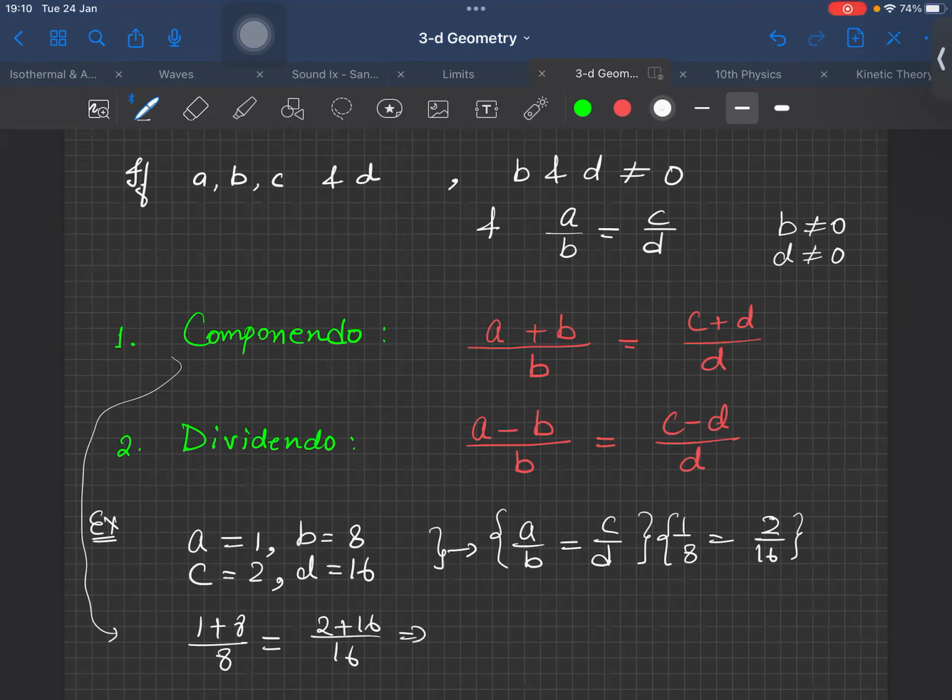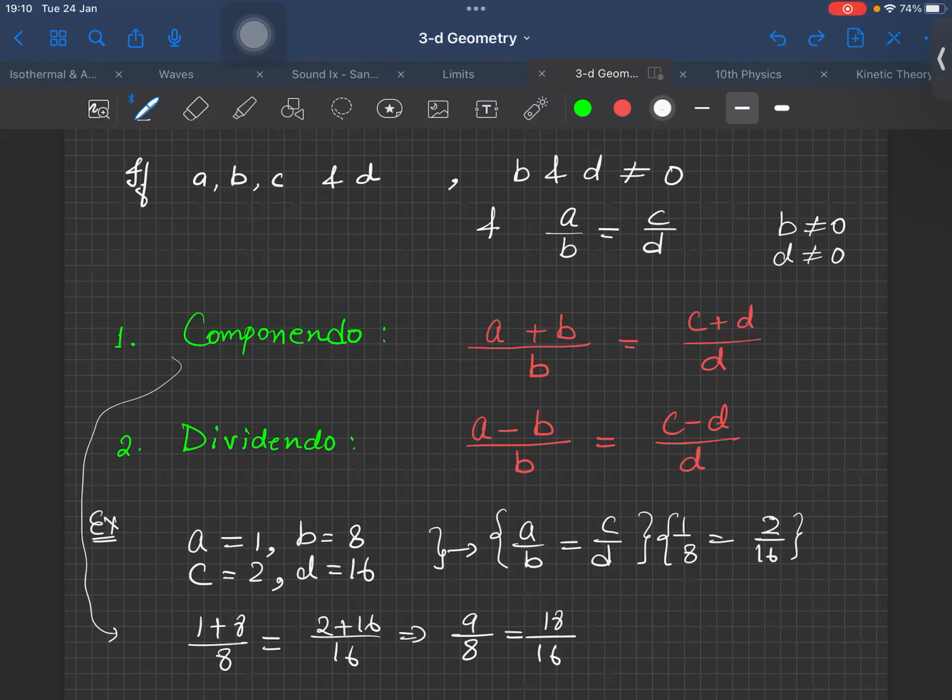The numerator becomes 9 by 8, and the denominator becomes 18 by 16. So is it true? Yes, it's true, right? Because 9 by 8 is equal to 18 by 16, since you can write 9 into 2 divided by 8 into 2, and 2 and 2 will get cancelled. So we verified componendo. Componendo is true, right?